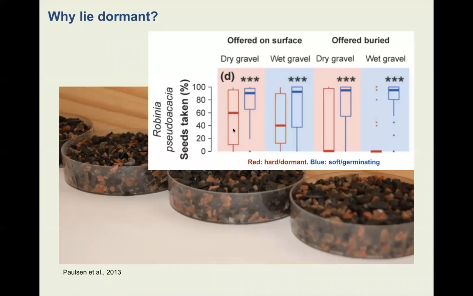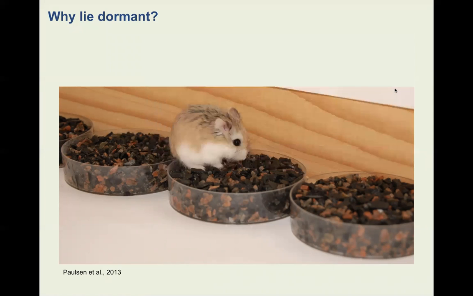And the seeds taken, by and large, the seeds that were grabbed by the rodent in this experiment were the ones that were basically ready to germinate. So in the process of getting rid of the seed coat, for this animal, they actually became kind of smelly. They were easily detected, or more easily detected, as a food item.